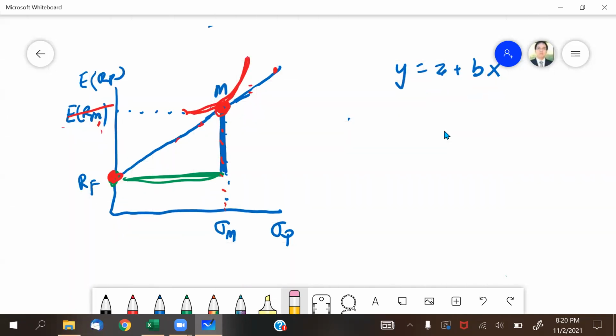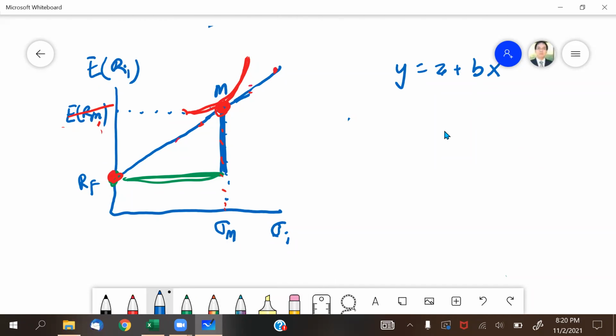So we have to change the name. Capital market line again is for portfolio analysis, but security market line would be for individual. I'll do it quickly because this has been discussed in the previous videos.